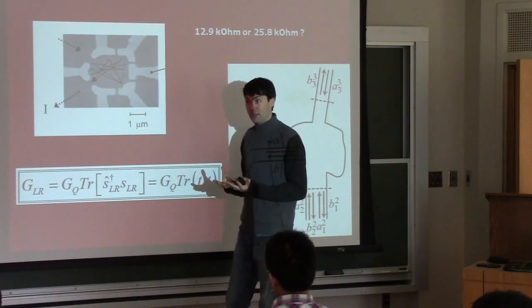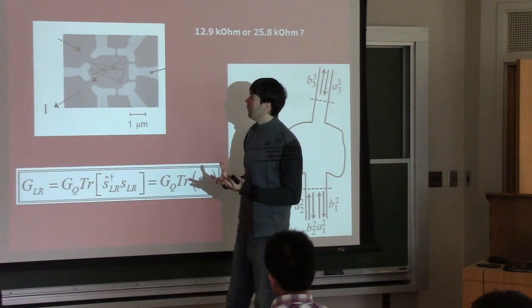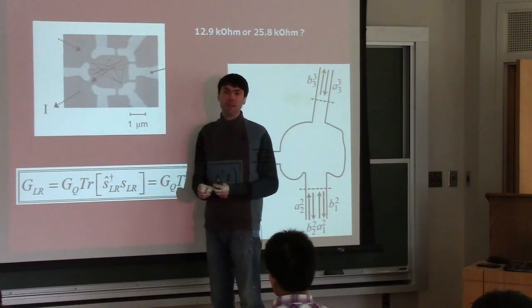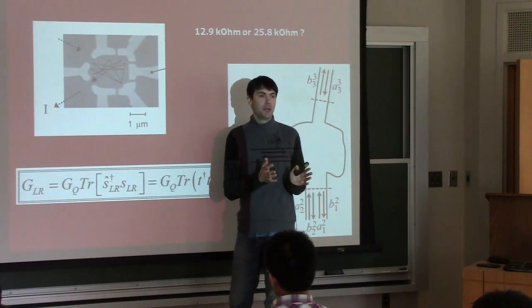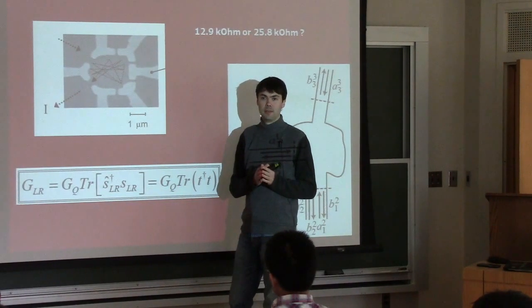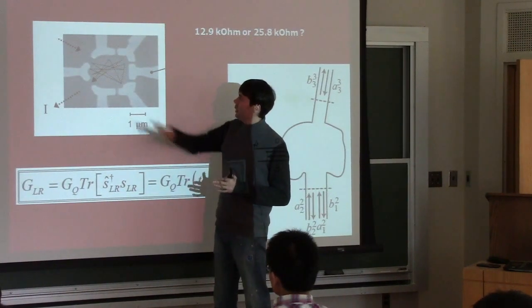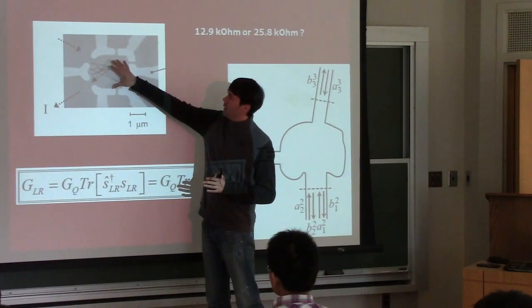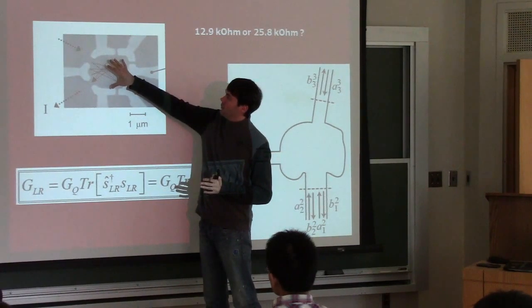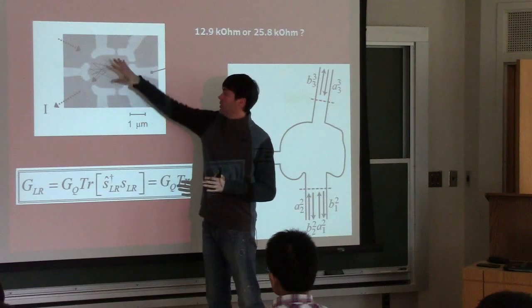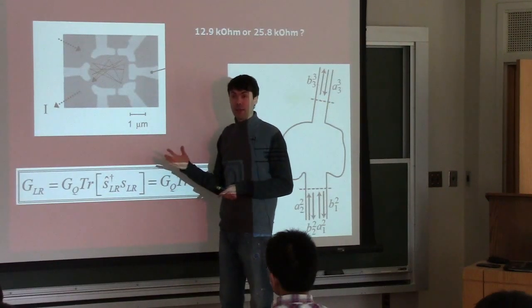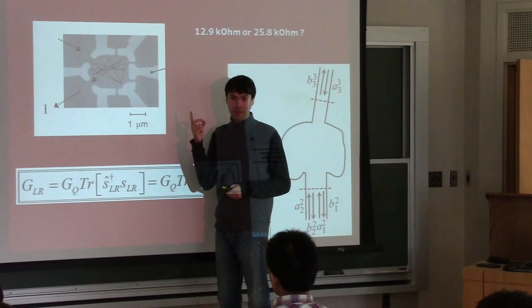And what would be the relevant parameter for this cavity that would distinguish the two situations? What should happen inside this cavity for us to get 2e²/h?